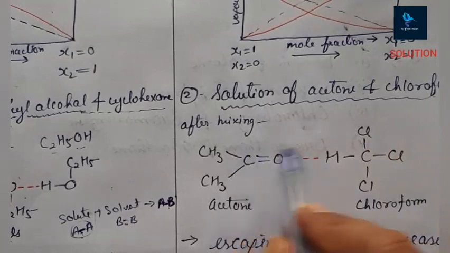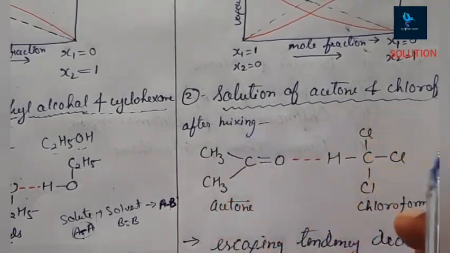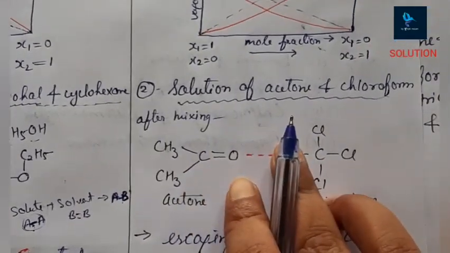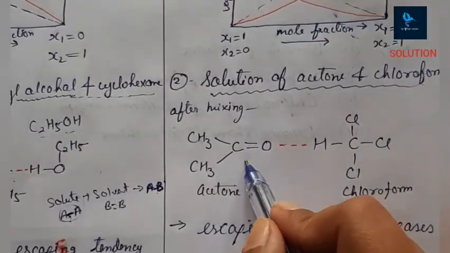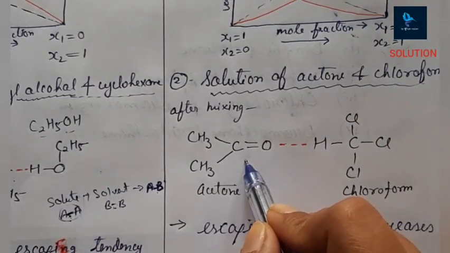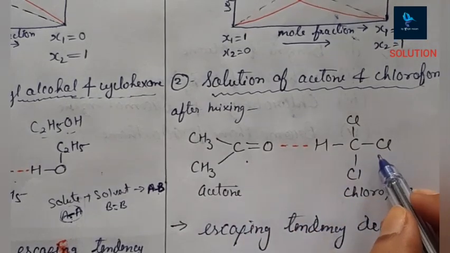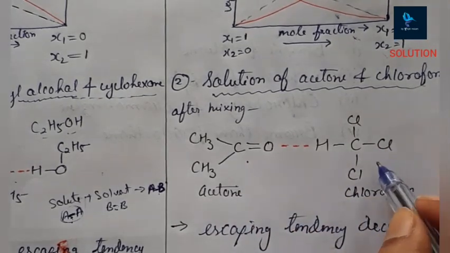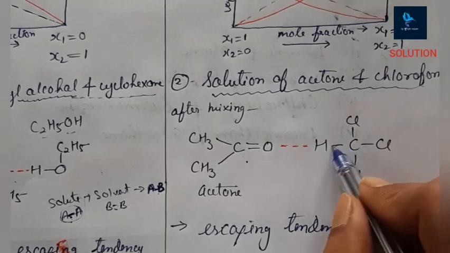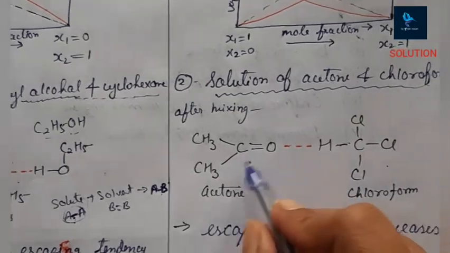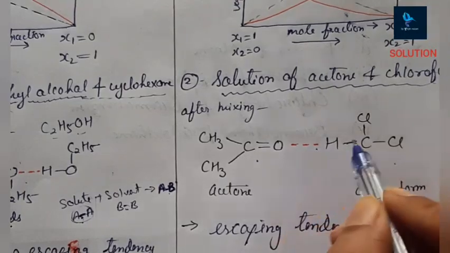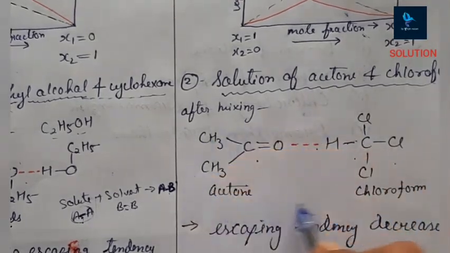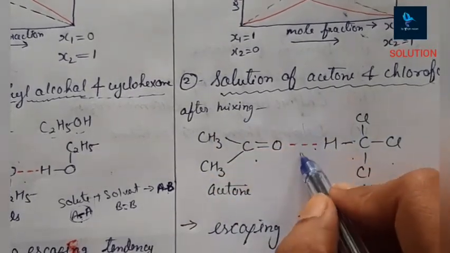But in the negative deviations, what happened? According to some examples, the solution of acetone and chloroform: before mixing, acetone has no hydrogen bonding, and chloroform also has no hydrogen bonds, but when both are mixed, they form hydrogen bonding. After mixing, they form hydrogen bonding and do not easily break.